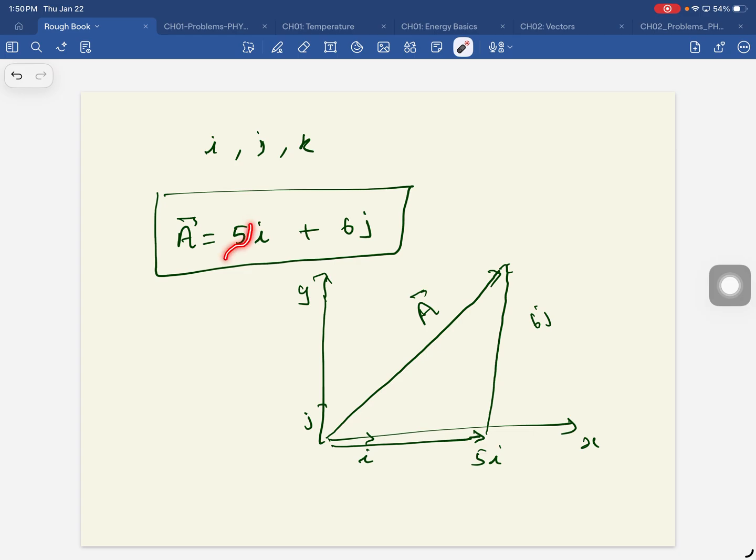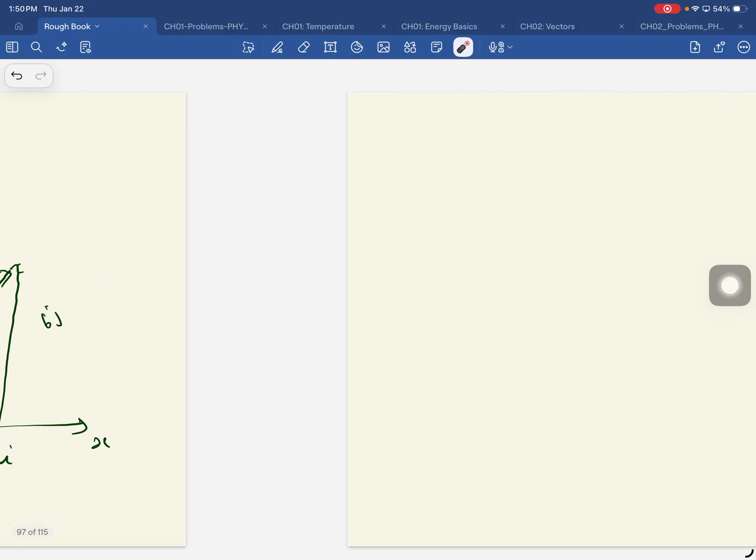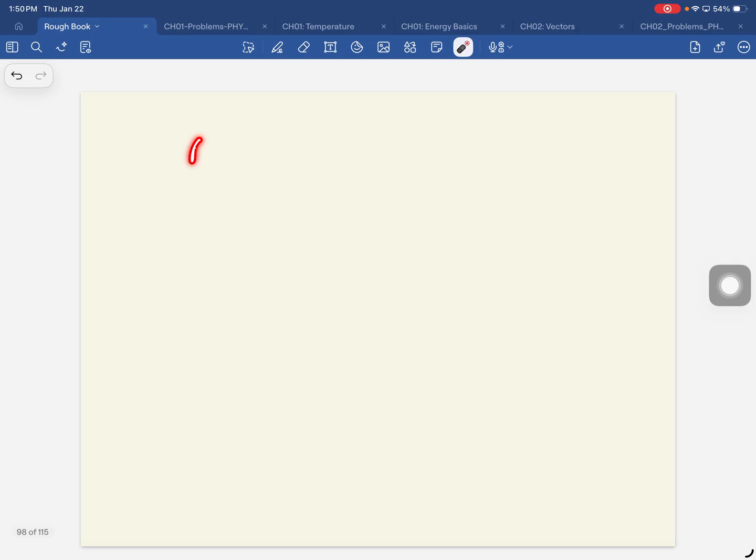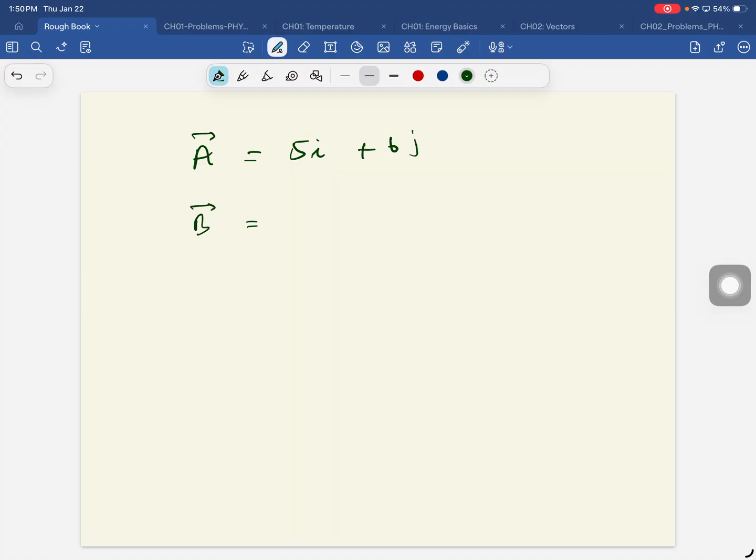So you always measure from the x-axis, going counterclockwise. Given the magnitude and direction, here's how you calculate the components. Given the components, here's how you calculate the magnitude, and here's how you calculate the direction.